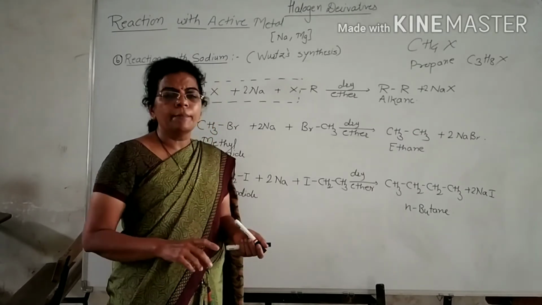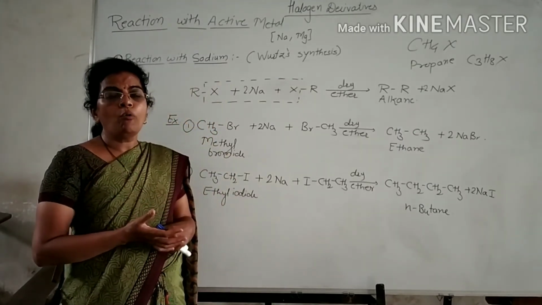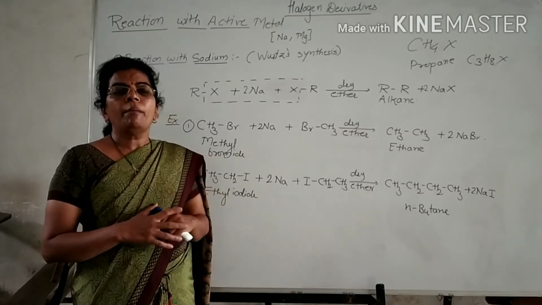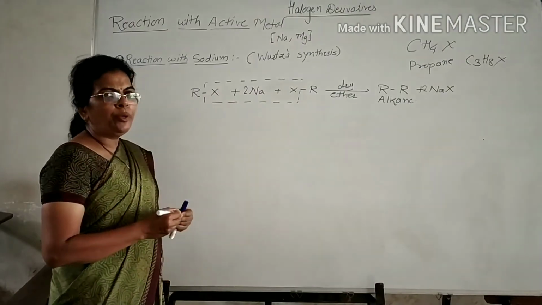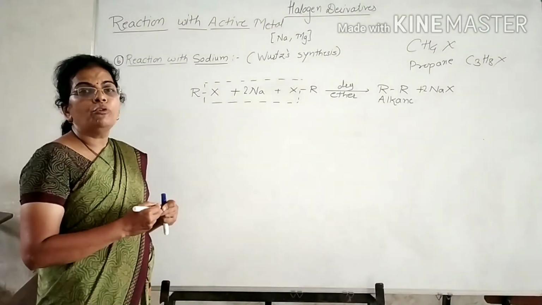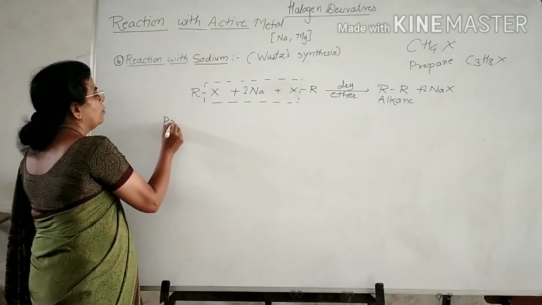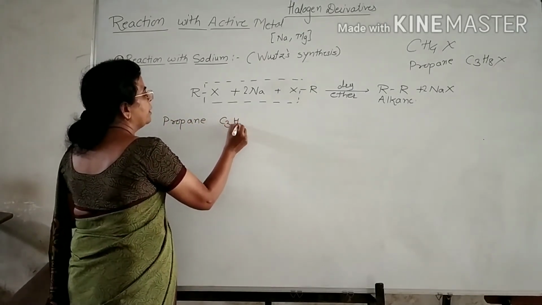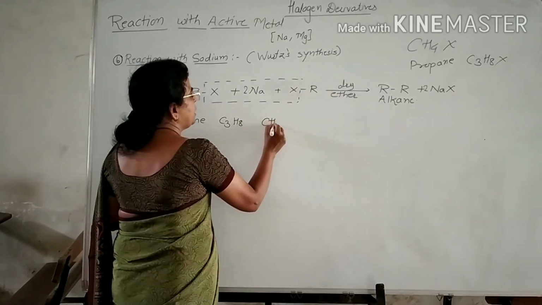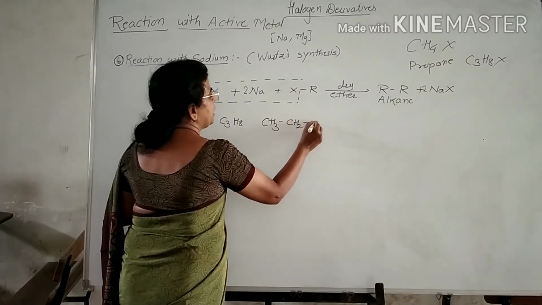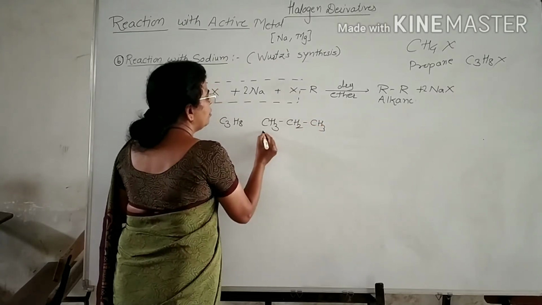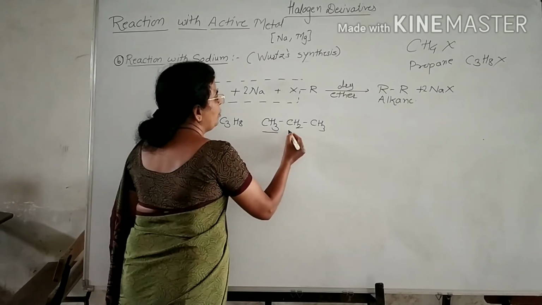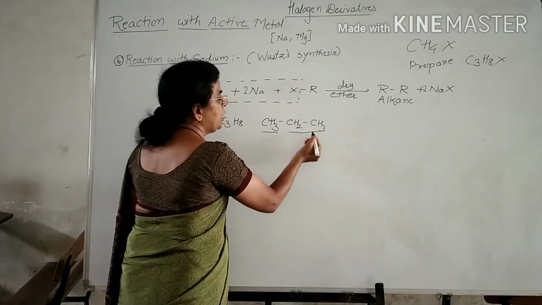Now, why can alkanes having an odd number of carbon atoms not be prepared by using this reaction? Suppose we have to prepare propane using Wurtz synthesis. Molecular formula of propane is C3H8 and structural formula is CH3CH2CH3. Now we have to use one alkyl halide with a CH3 alkyl group and one alkyl halide with an ethyl group.